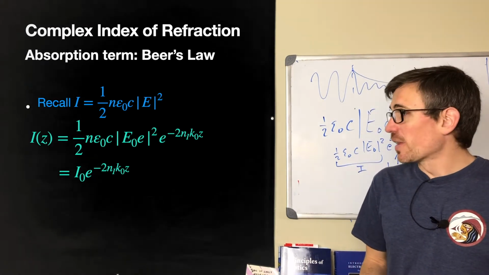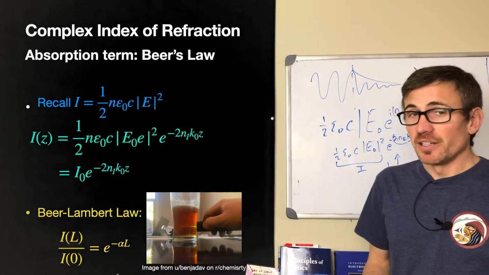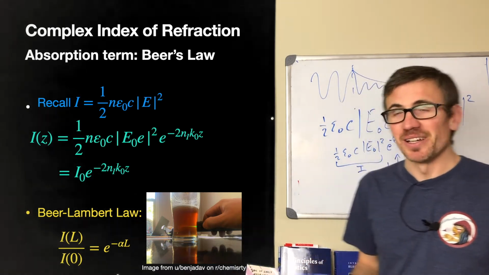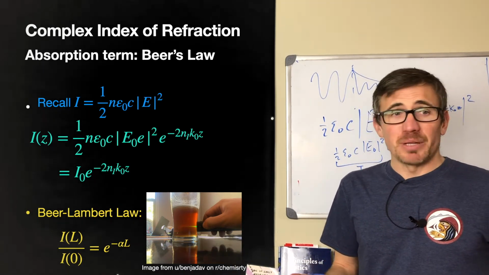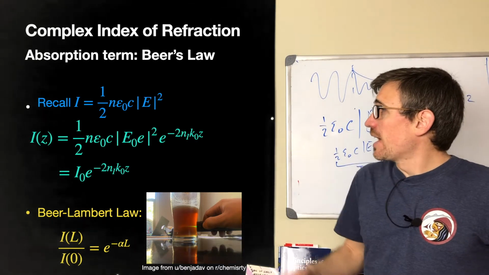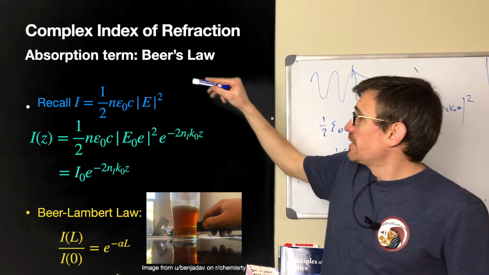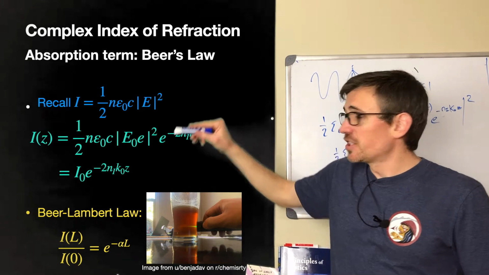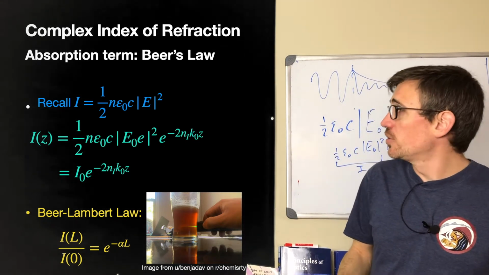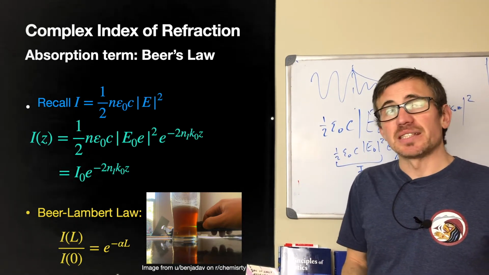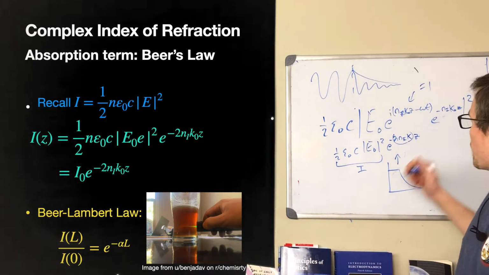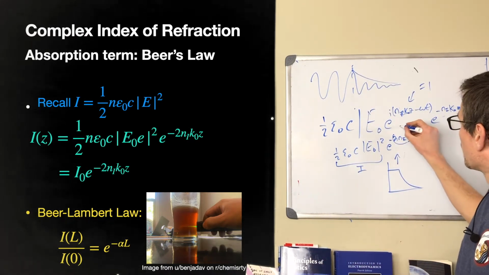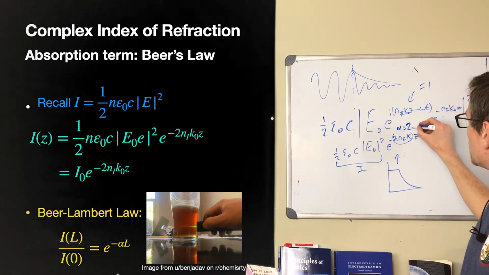This is known as the Beer-Lambert law, or sometimes just Beer's law. So here's Beer's law in beer. Of course, it has to be. And what this tells us is that you get an exponential decay. The ratio of the intensity as a function of position to the original intensity is just this exponential decay with alpha. Here we see in this formulation that alpha is just 2 times n imaginary times k.